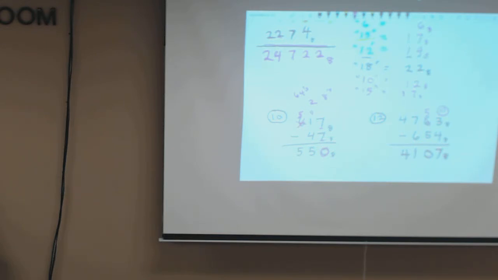So what do I have here? So I've borrowed an 8 from here, and I have 8 and one more make 9. In other words, I didn't borrow 10, I borrowed 8, and then I take the 8 and I add it to the 1 and I get 9.